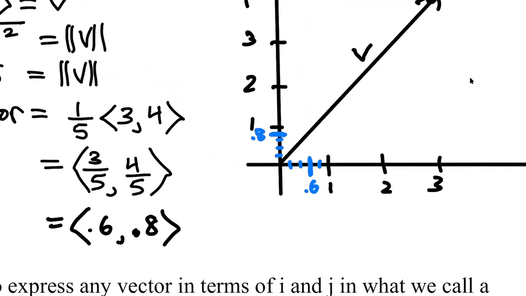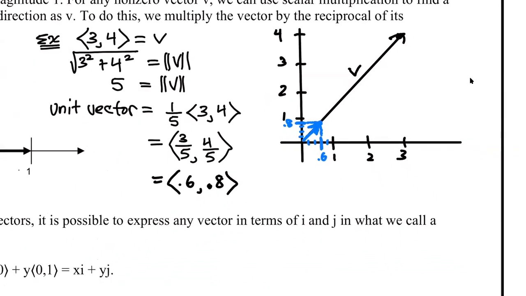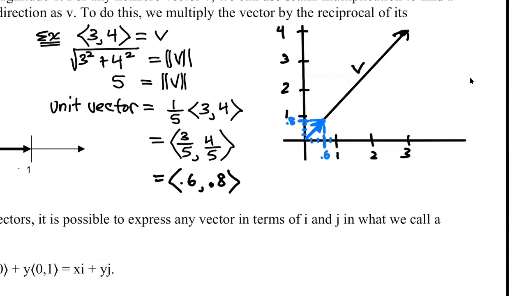All right, look at where they intersect. They're going to fall right on that line. And you're going to create a new vector that's going off in the exact same direction as the original, just it's got a magnitude of 1.